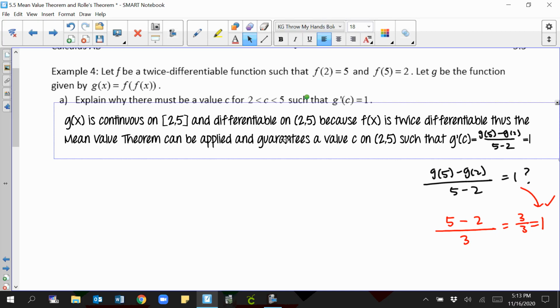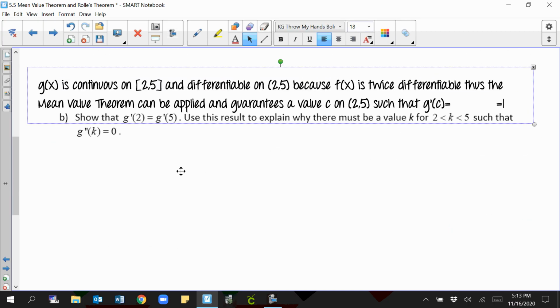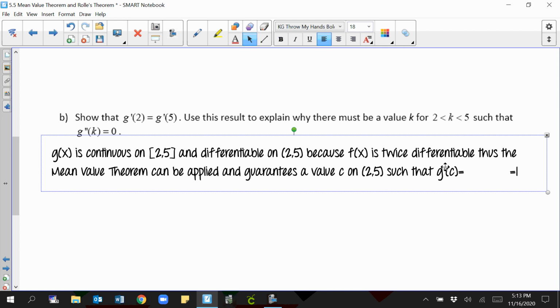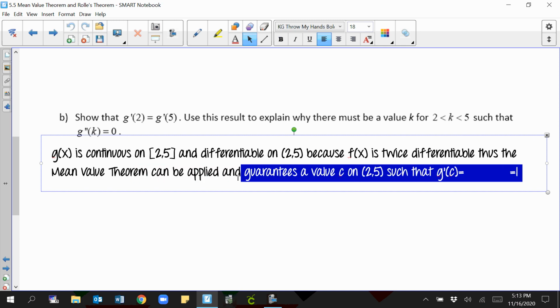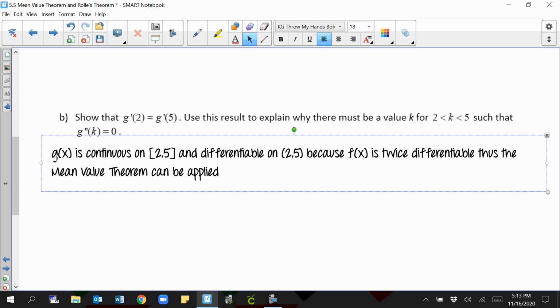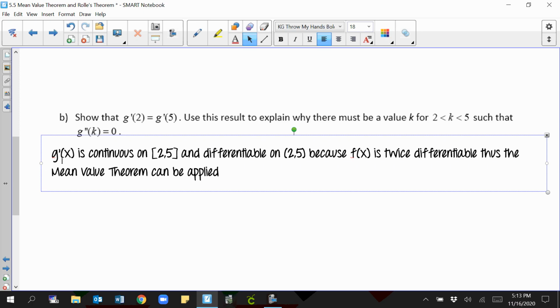I'm actually just going to copy and paste this because I don't want to deal with typing it out again, because you guys saw I clearly cannot spell. So I'm just going to change this to g prime of x is continuous and differentiable because f is twice differentiable, thus the mean value theorem can be applied. And so now let's check it out and see if it works out for us.